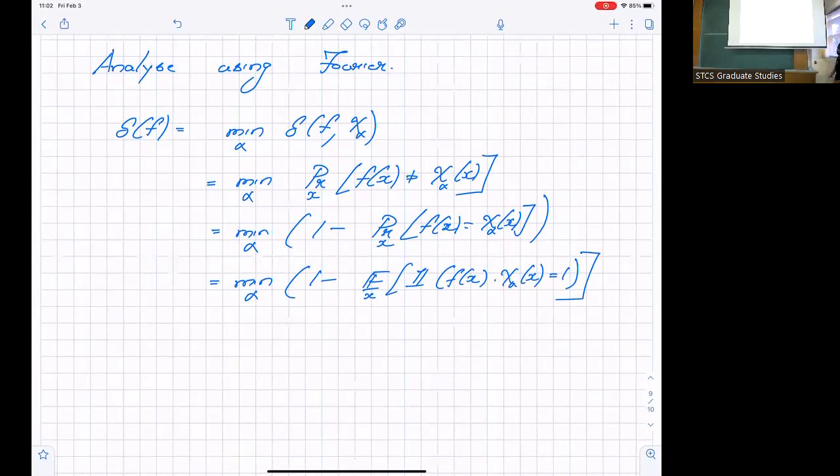Why do I want to write it this way? The reason for writing it this way is that it gives me this: this is the same as 1 minus the expected value over x.